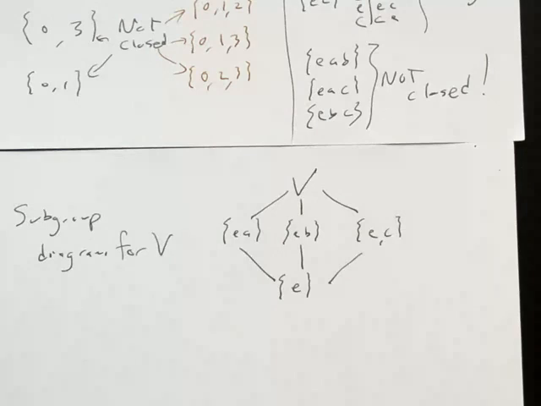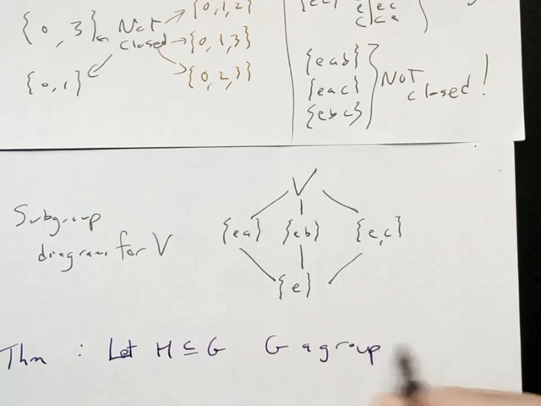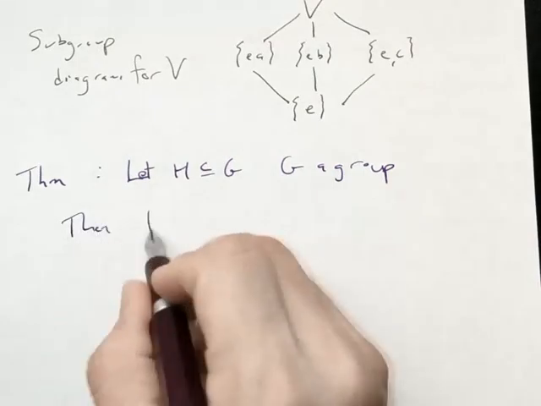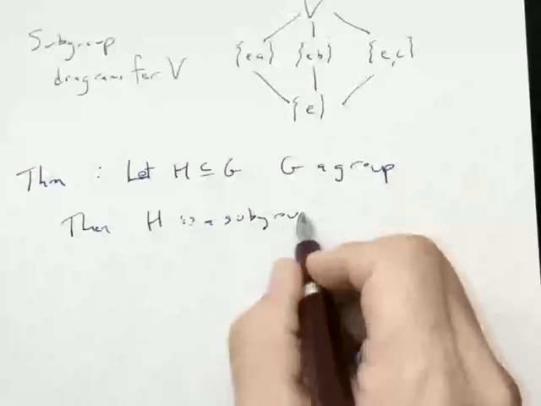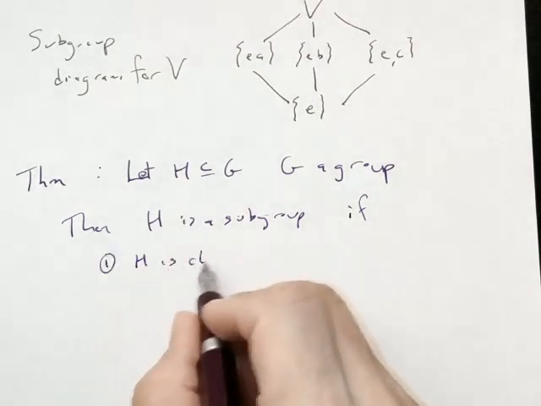Okay, in one sense, we really built this subset, and this subset qualifies as a group. Then H is a subgroup if H is closed.